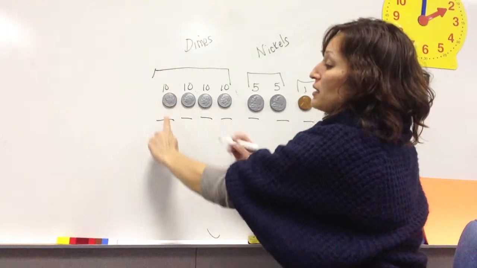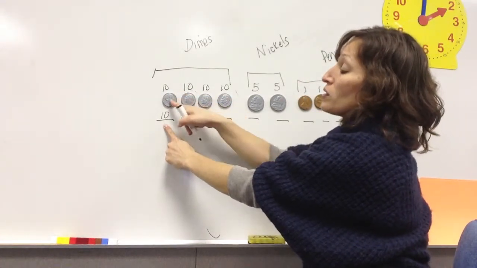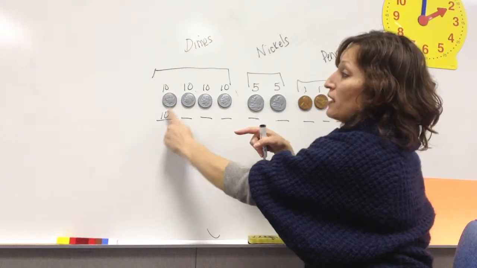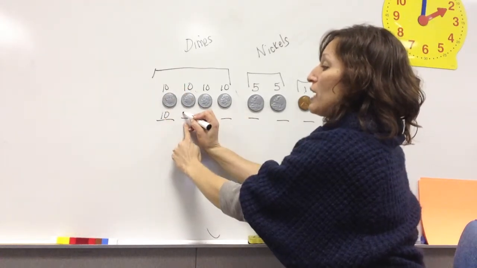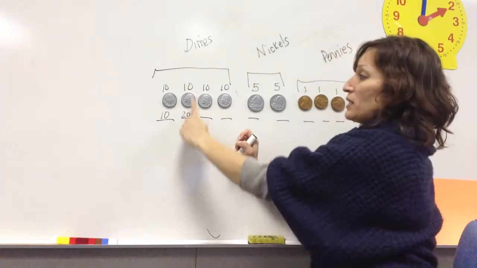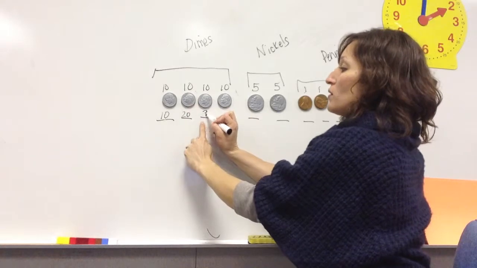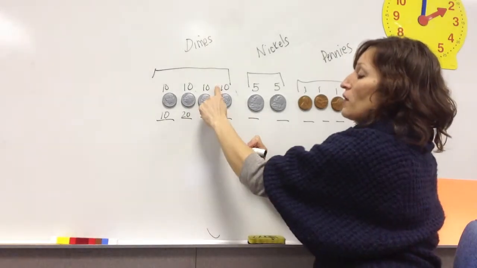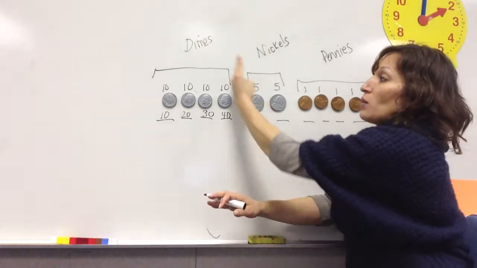1 dime is 10, plus another dime, who's 10, this 10 plus this 10, 10 plus 10, 2 tens is 20, plus another 10, 20 plus another 10 is 30, plus another 10 is 40. Freeze. I am done with my dimes.